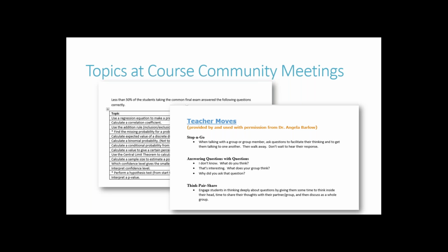And we talked about which particular topics on the final exam a lot of people were having problems answering correctly. We also talked about what different activities were for teaching regression, for example, or teaching probability or that sort of thing.